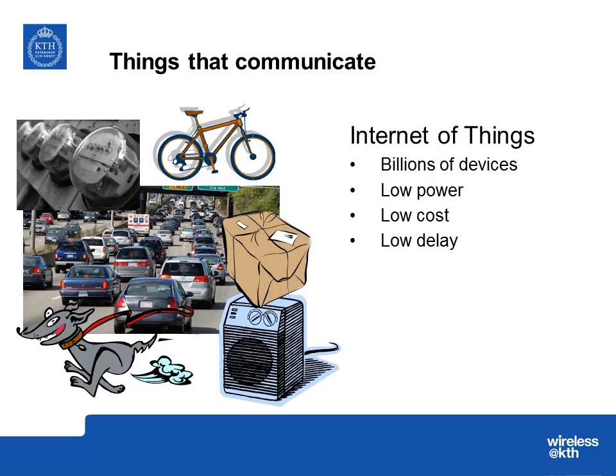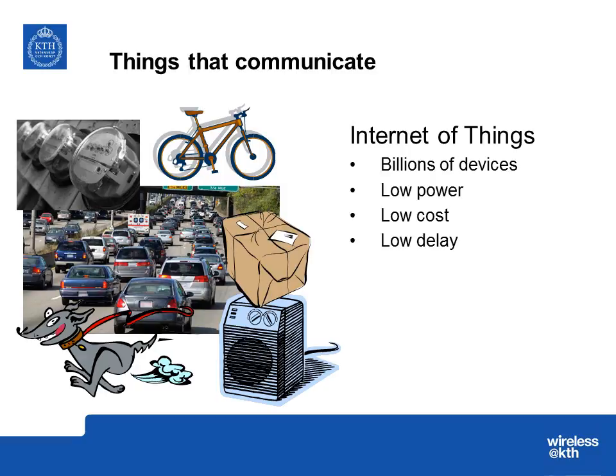If we move into the Internet of Things, or things that communicate, the requirements and applications may be very, very different. We may see applications from locating your dog, to controlling the heating in your apartment, to measuring the energy in your house, or even controlling the rush hour traffic in a big city.